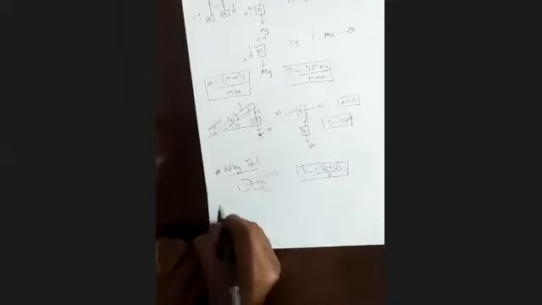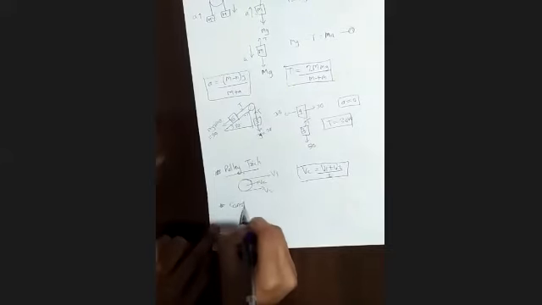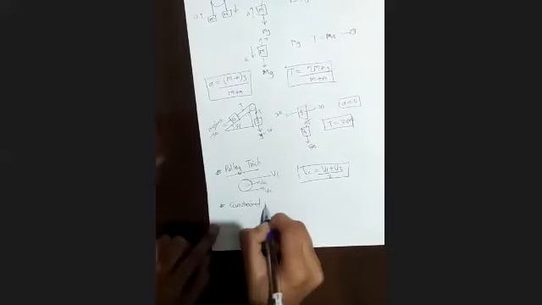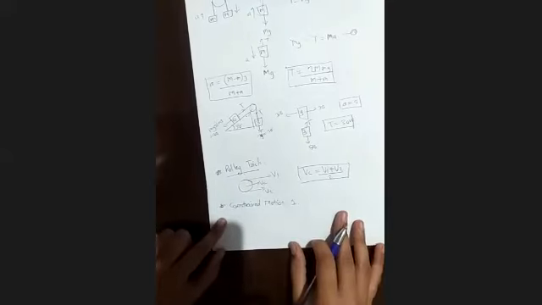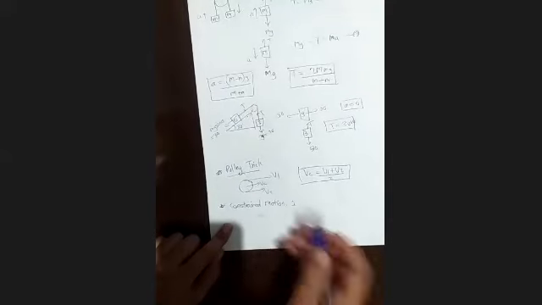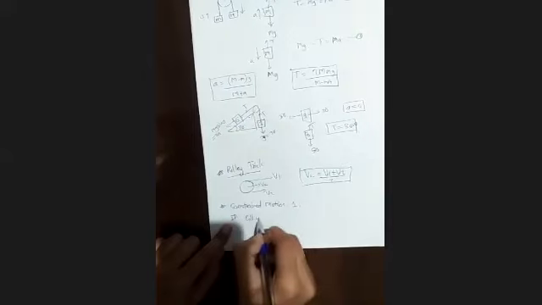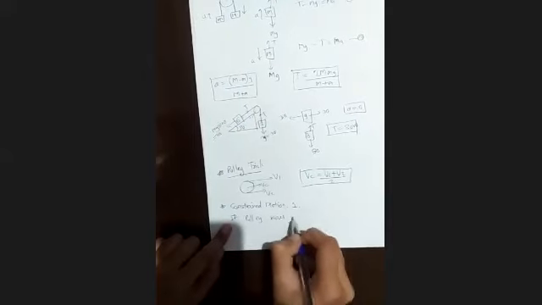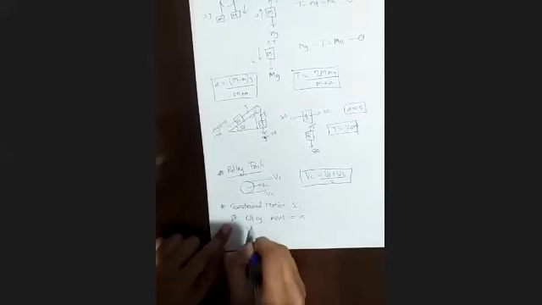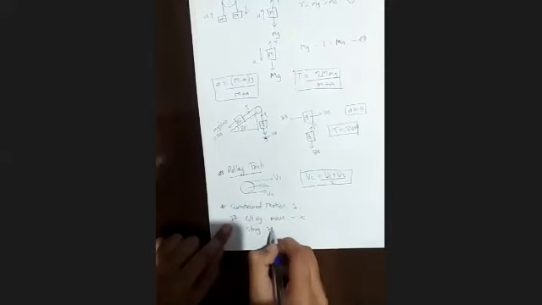Okay. Now we will see constraint motion, part 1. Before starting the example, we should know that if the pulley moves x, then the string releases 2x.